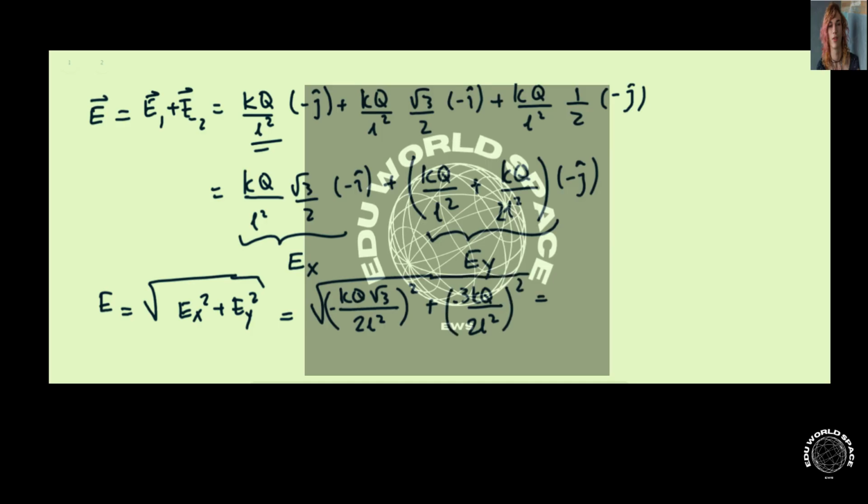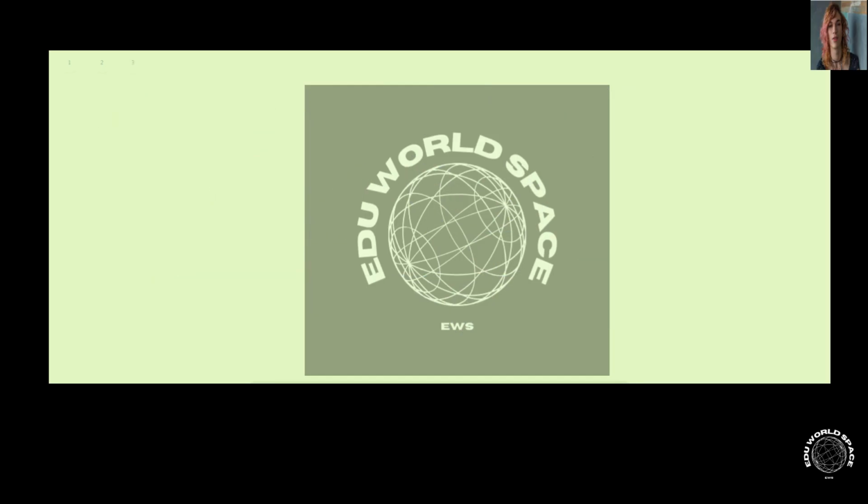So let's take the square of the first term. We have k squared q squared times 3 over 4L squared, plus 9k squared q squared over 4L squared. So 9 plus 3, it's going to be 12, right? Let's do it on a new page.